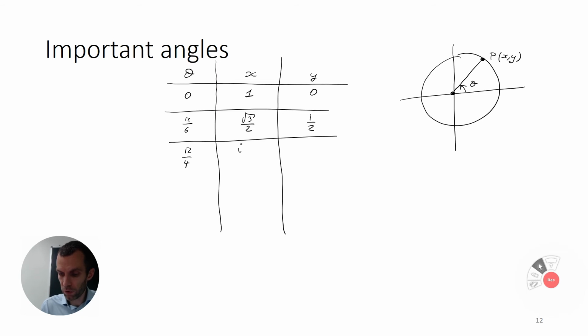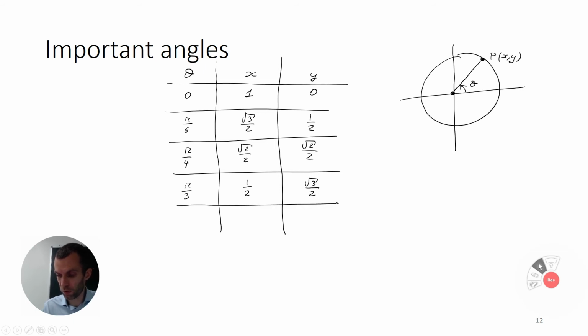Pi over 4, we also did: square root 2 over 2, square root 2 over 2. Pi over 3, we didn't do that one, but if you do the calculation by yourself, you'll find that this is 1/2 and square root of 3 over 2. So I would recommend that you check this. And then last, pi over 2, that was one of the easy ones. So you have x is 0 and y is 1. And we can just add one more. For instance, pi also uses a value x is minus 1, 0.